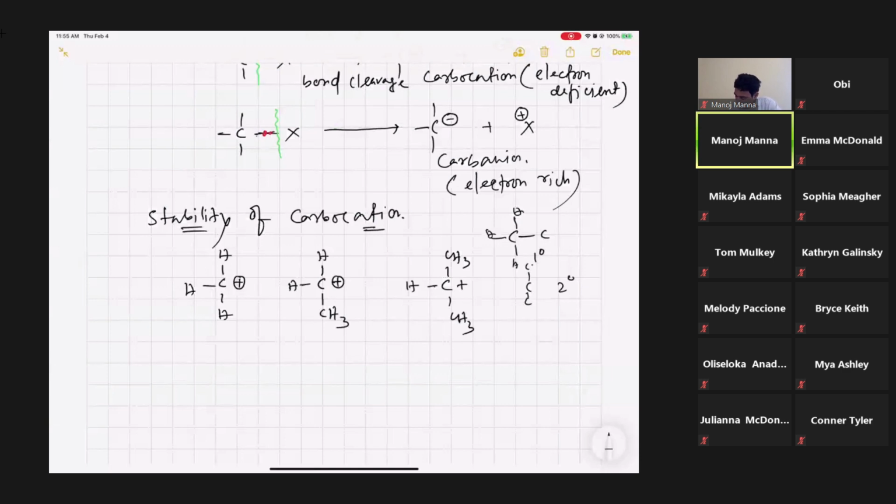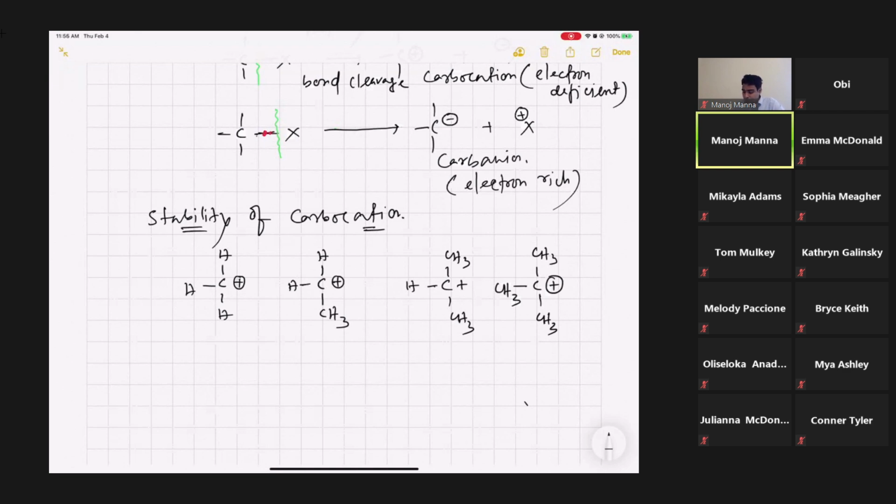Or another case, a carbon, CH3, CH3, CH3, positive charge. So all of them are basically carbocations, because they are carrying a positive charge. A carbon carrying a positive charge is a carbocation, right?